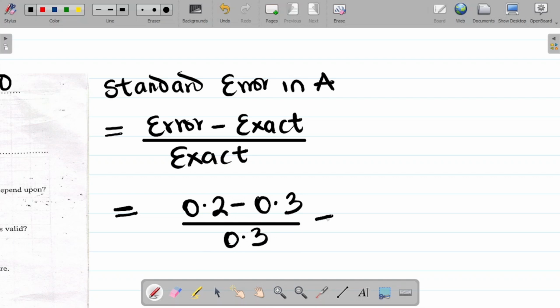If I do this maths, 0.2 minus 0.3 is minus 0.1 all over 0.3.